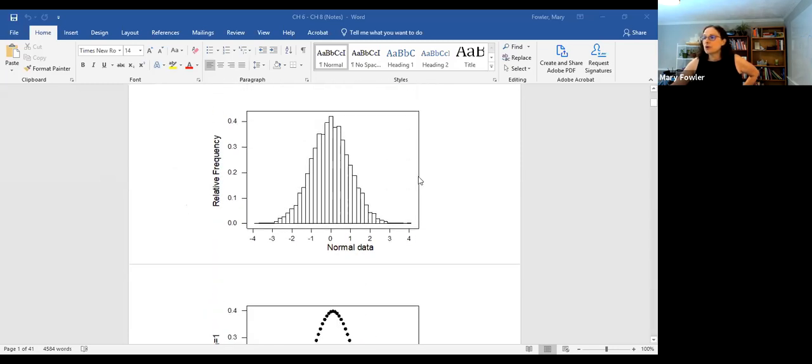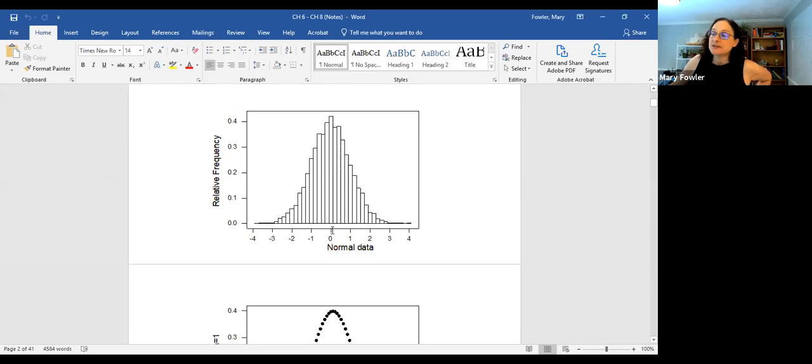Notice here that we have this nice bell and it's centered at 0. This is what we call a standard normal because the mean is 0 and the standard deviation is 3. We can confirm that because by the empirical rule, we know that a bell-shaped distribution has almost all of its observations within 3 standard deviations of the mean.